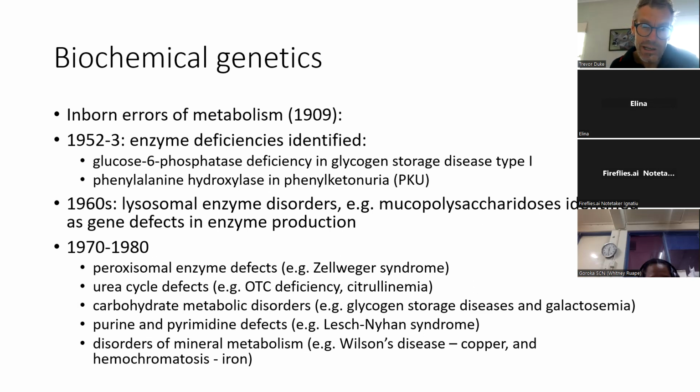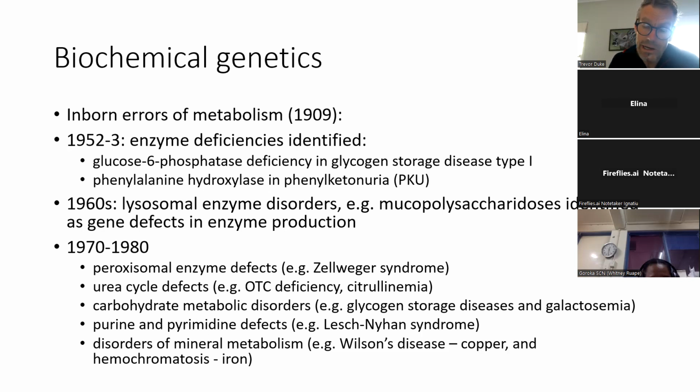Then in the 70s and 80s, as more advances occurred, the urea cycle enzyme defects were identified, and even disorders of mineral metabolism like Wilson's disease, that condition that causes liver dysfunction especially, and some other things, as a copper deficiency, and a condition that you will have heard about called hemochromatosis, where children, and adults as well, get deposition of iron in their liver and heart and other places.